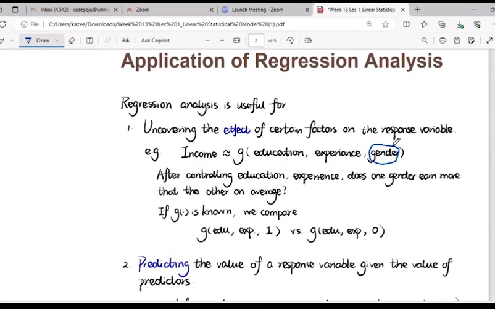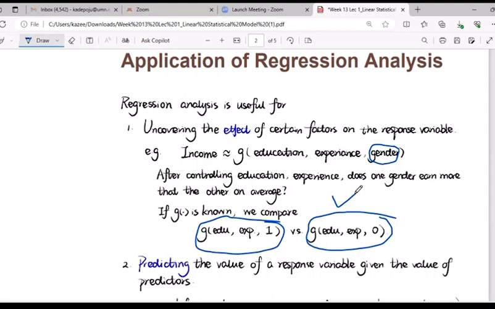That was why I said after controlling education and experience, I can now ask the question: does one gender earn more on average? Now, you know what I mean? It actually means, take a look at this. I'm having two models. When you take a look at this model, when we're talking about gender, I'm going to use binary 0, 1. Maybe 0 for male and 1 for female, or use 1 for male, it doesn't matter, the labeling doesn't matter.